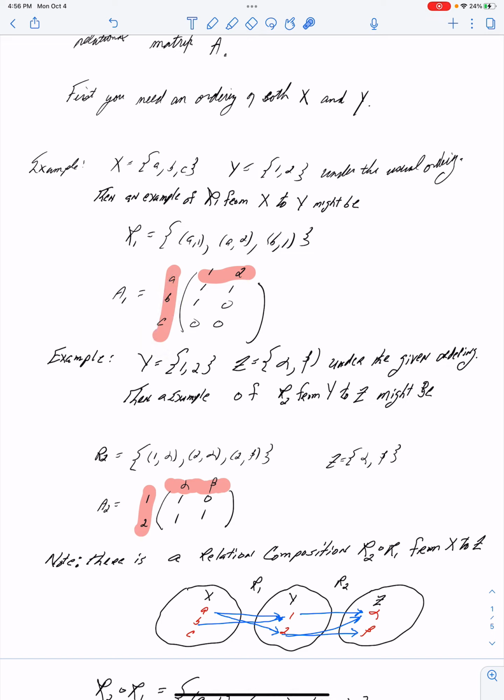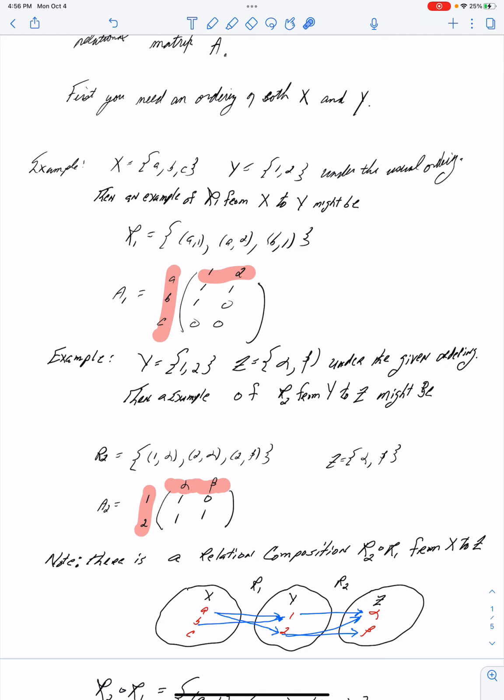And what am I going to do? Well, if the ordered pair is in my relation, then I'm going to put a 1 in the appropriate slot. If an ordered pair is not in my relation, I'm going to put a 0. So here my relation has an (A,1). This is the A1 slot because it's row A, column 1. So I put a 1.